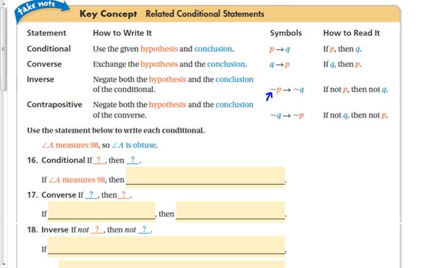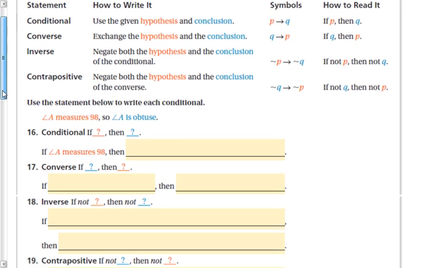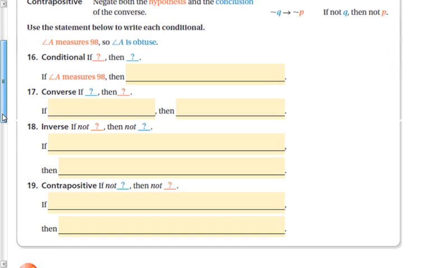So the way you say this, if not P, then not Q. And the contrapositive is negating both the hypothesis and conclusion of the converse. Okay, so go ahead and see if you can think about those definitions and rewrite these here.